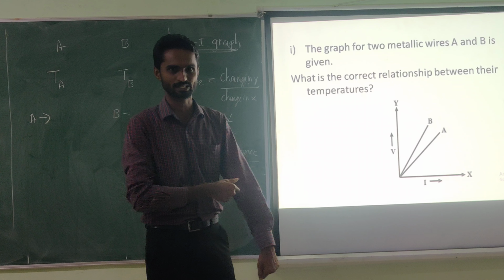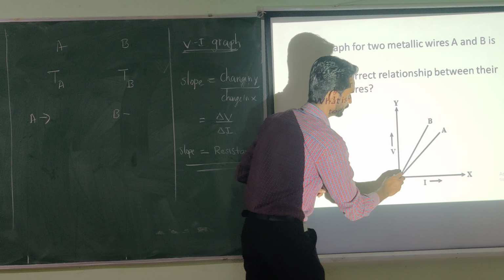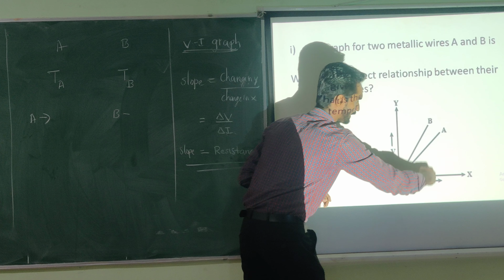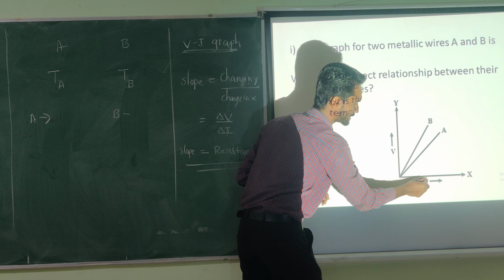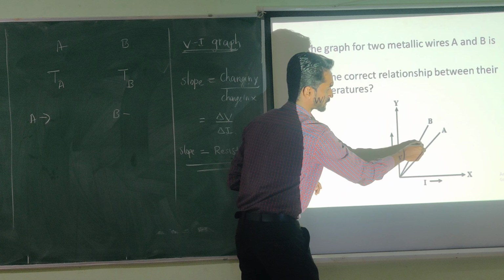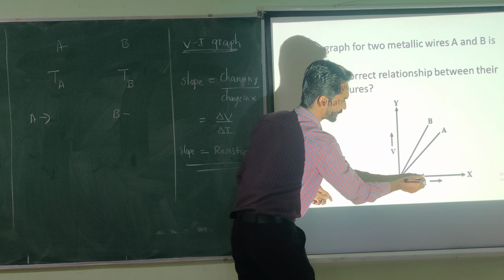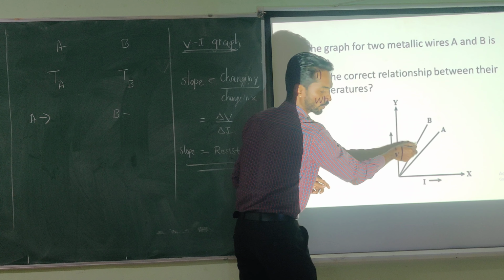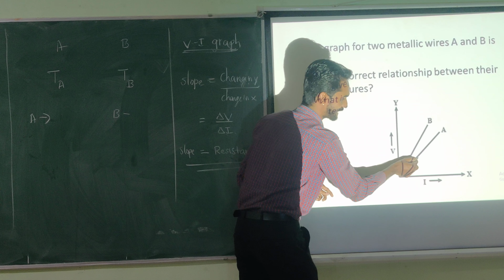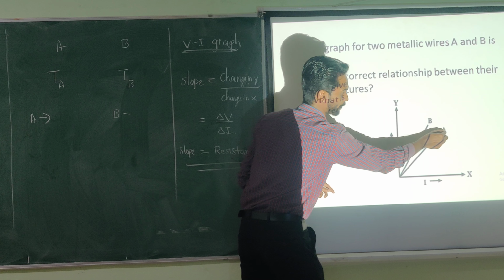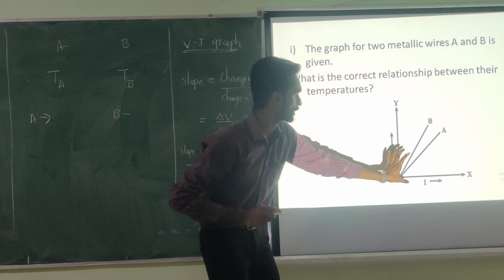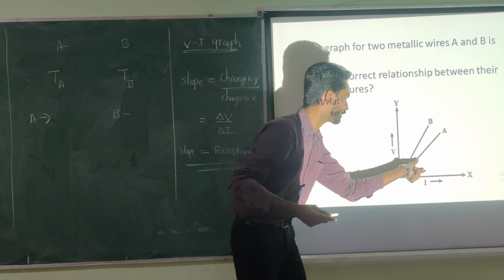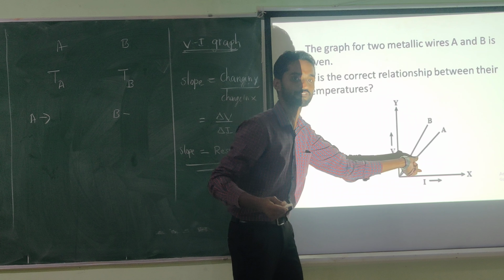First, observe the length along the y-axis. Consider any points and compare. The distance from here to here is the change in y-axis, and the change in y-axis of graph A is less. The change in y-axis of graph B is more compared to graph A.